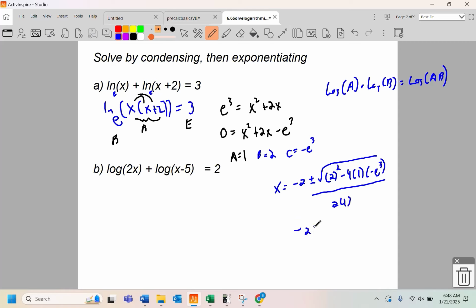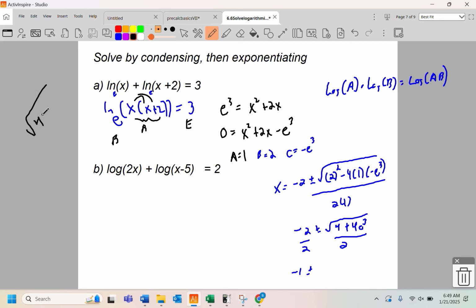All right, so we have negative 2 plus or minus the square root of 4 plus 4e cubed, both pieces sitting over a 2. That's negative 1 plus or minus. Here's something cool, and this probably only applies to about 5 of my kids, maybe 6 or 7.